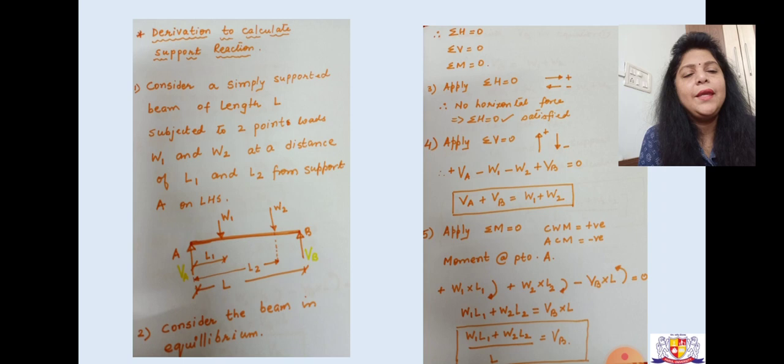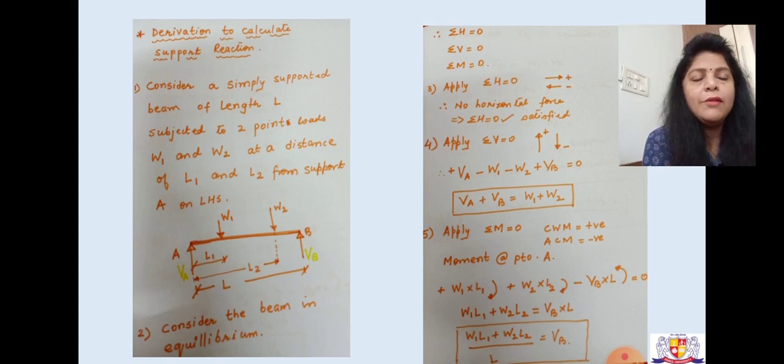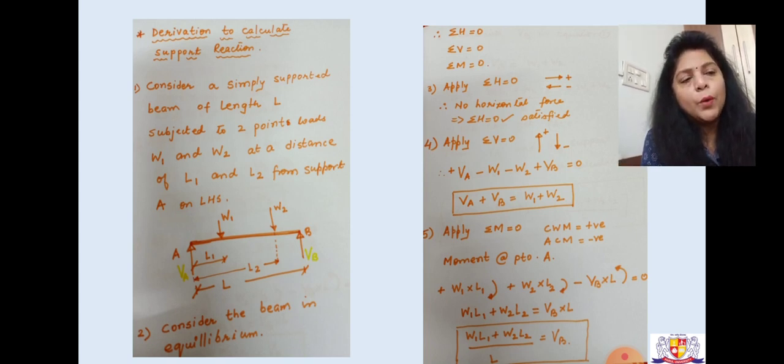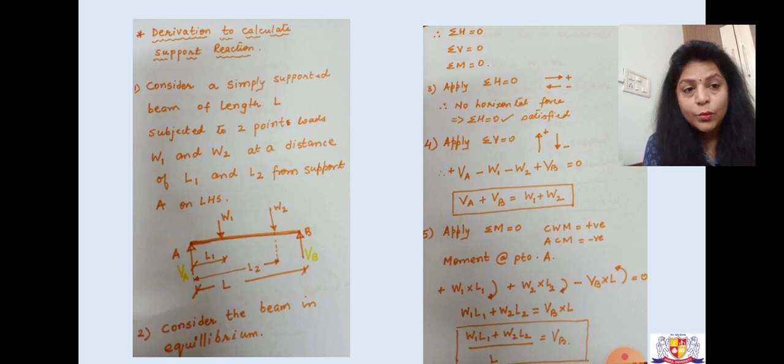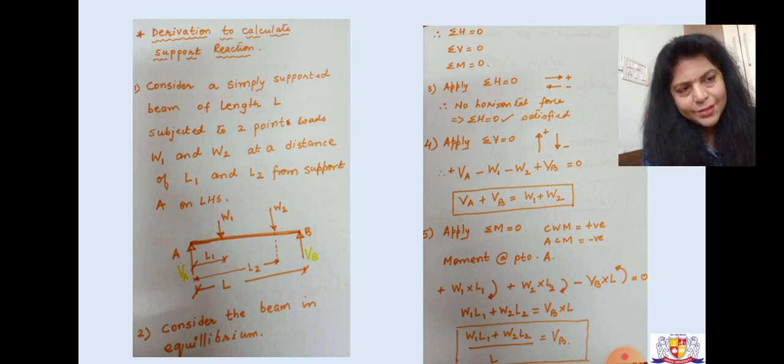That means I can find the moment about point A, or I can find the moment about point B. Suppose we take moment about point A. Okay, so we have to find the moment. What is the formula to find the moment? Moment is equal to force into perpendicular distance.